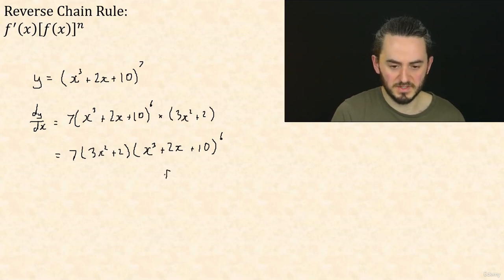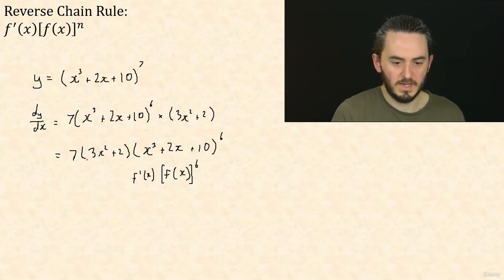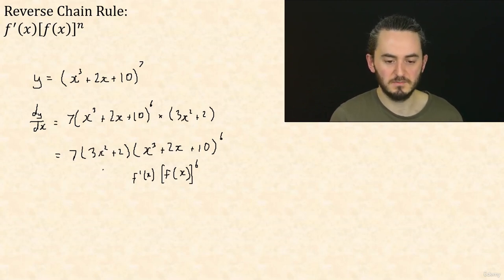So we could think about this as some kind of f of x, all to the power of 6, and then at the front is the derivative of f of x. Okay, and there's a number at the front, but we can always just correct for numbers at the end by multiplying up or down as we need. And so that's what this is talking about.